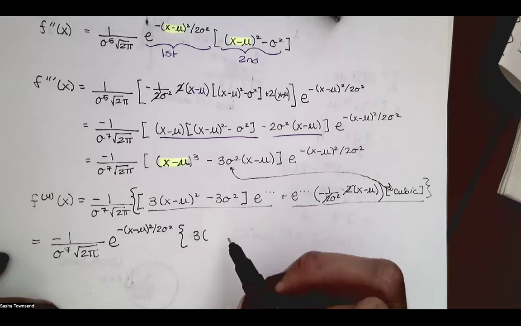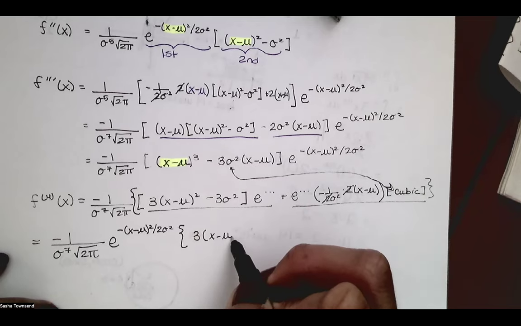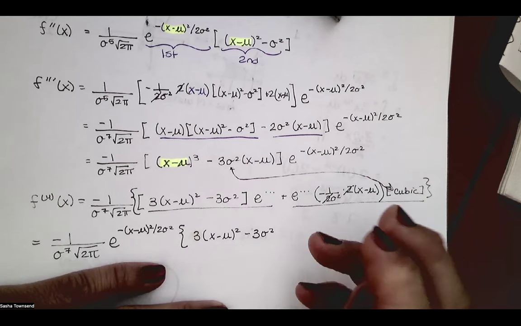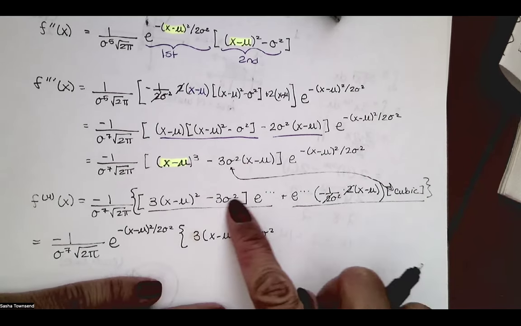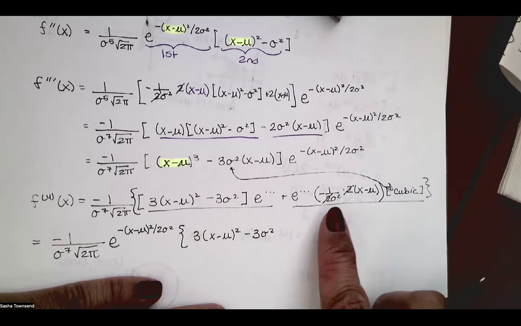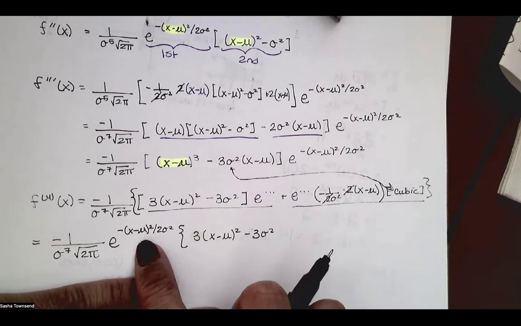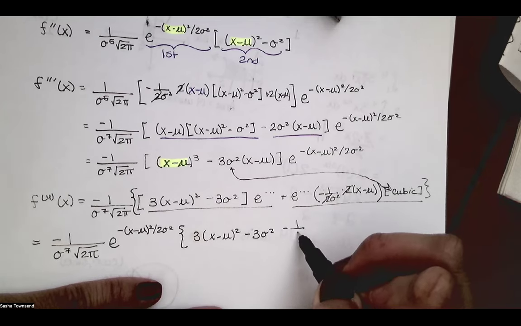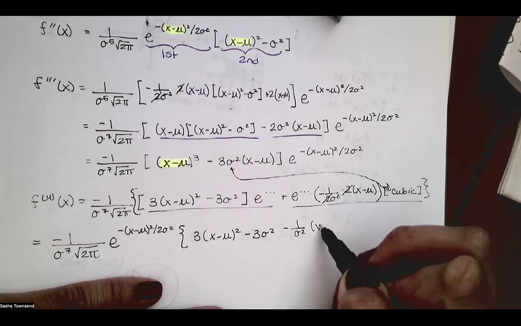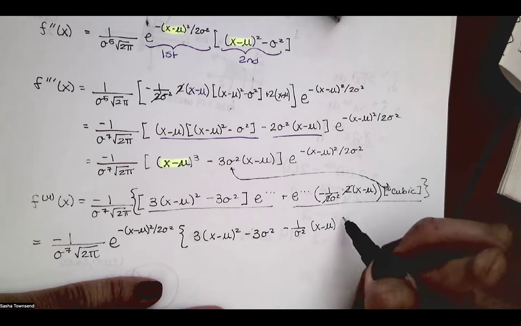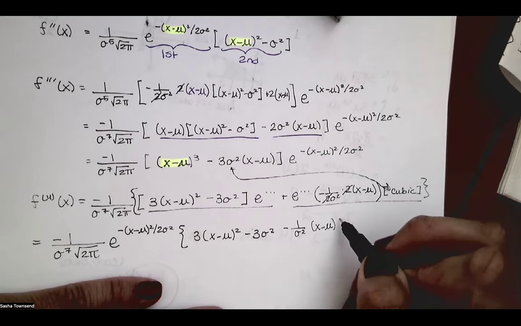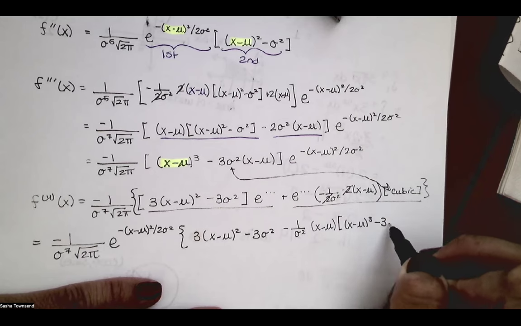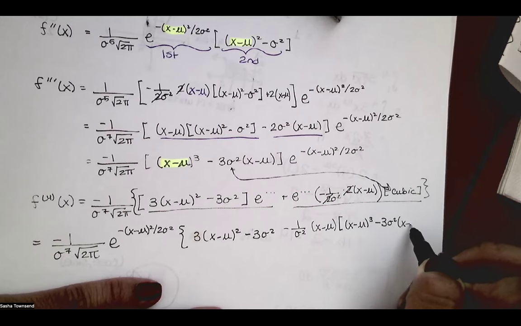I'll just leave that alone. I've got 3 times x minus sigma, or excuse me, x minus mu squared minus 3 sigma squared. That times the exponential gives us that expression. And then over here, we've got the exponential, which we factored out, times negative 1 over sigma squared times x minus mu times that cubic, which was x minus mu cubed minus 3 sigma squared times x minus mu.